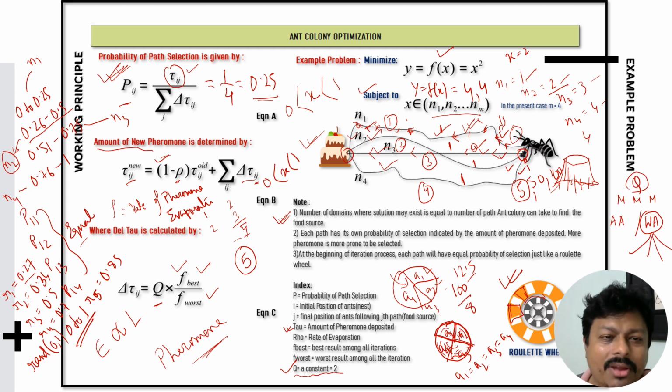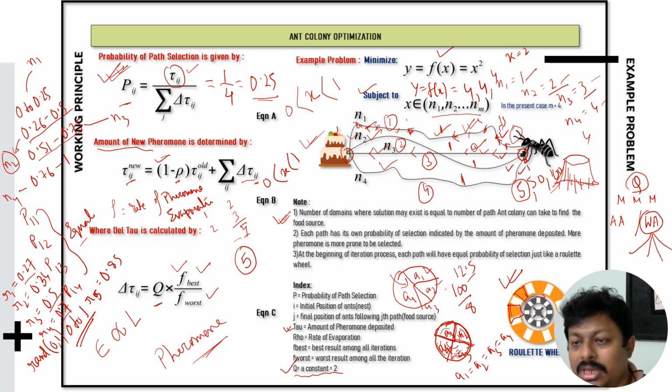And then the random number is 0.5, and this is also N2, because N3 starts from 0.51. So this will become 4 also. Then ant number 4. Sorry, it is 0.7 that is given. So 0.7 means it falls in the third domain, which is 3 in our case.